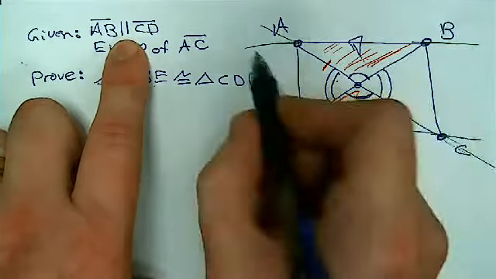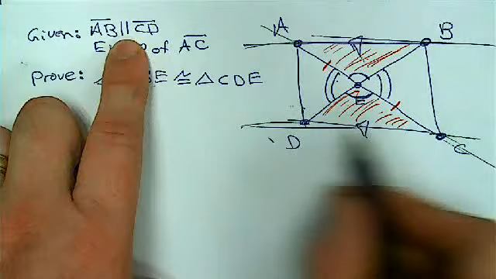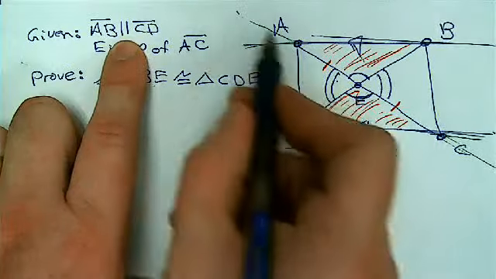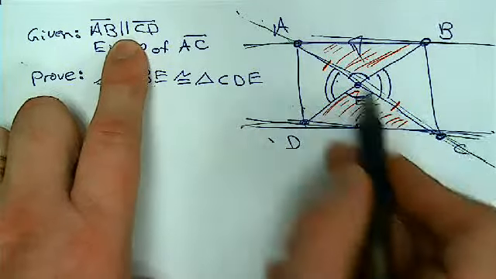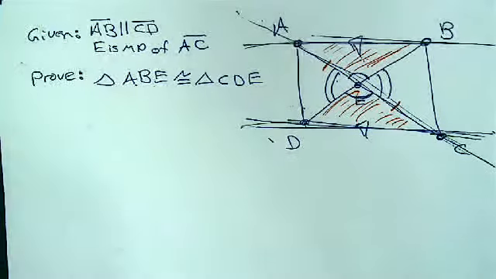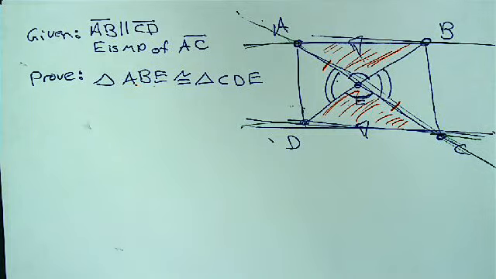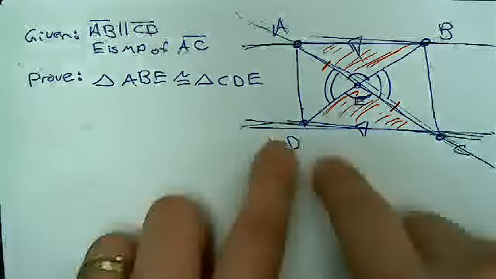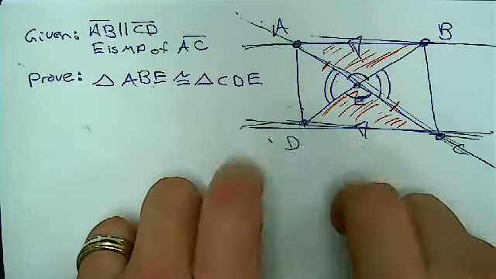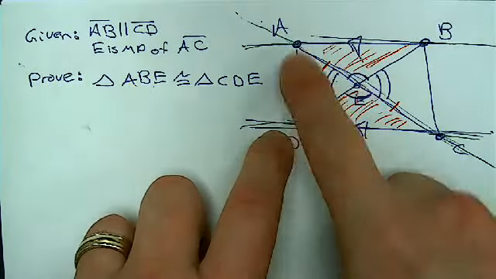Well, if I've got two parallel lines, and they're cut by a transversal, does that tell me anything? Got to think back a chapter. D-A-E?